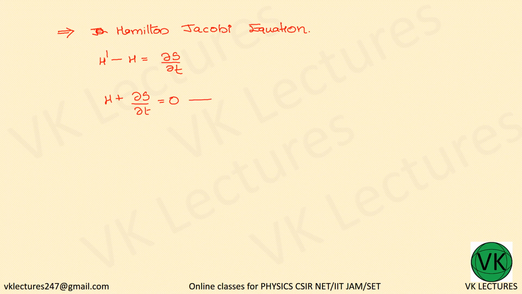So this is the Hamilton-Jacobi equation, and as we have written, p is equal to dou f by dou q. This can be written as dou s by dou q, and PR for the radial is equal to dou f by dou r, equal to dou s by dou r.